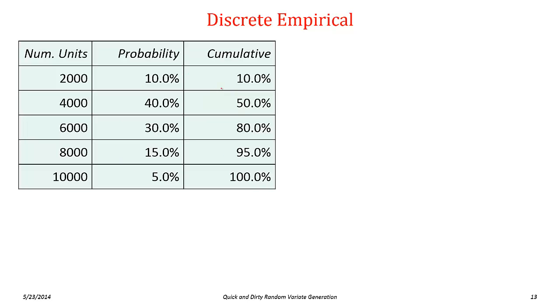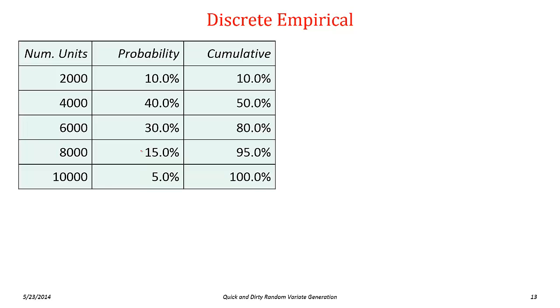So they're essentially saying there's a 10% chance that we'll sell 2,000 units, a 40% chance that we'll sell 4,000 units, a 30% chance that we'll sell 6,000 units, a 15% chance for 8,000 units, and a 5% chance that we will sell 10,000.